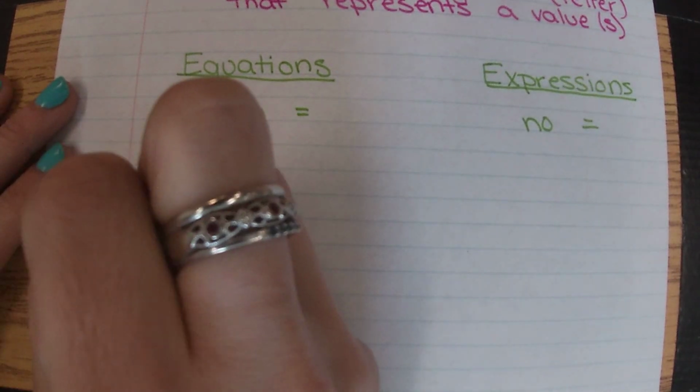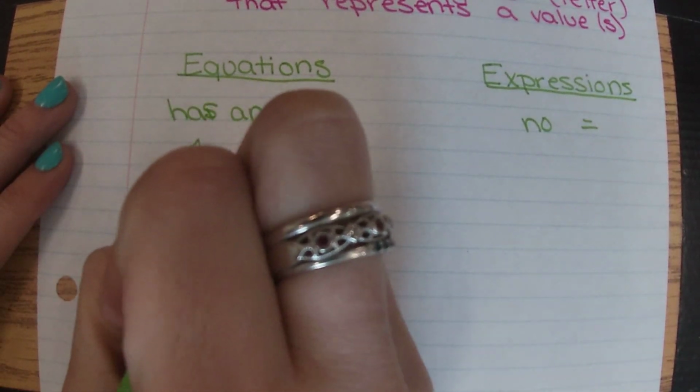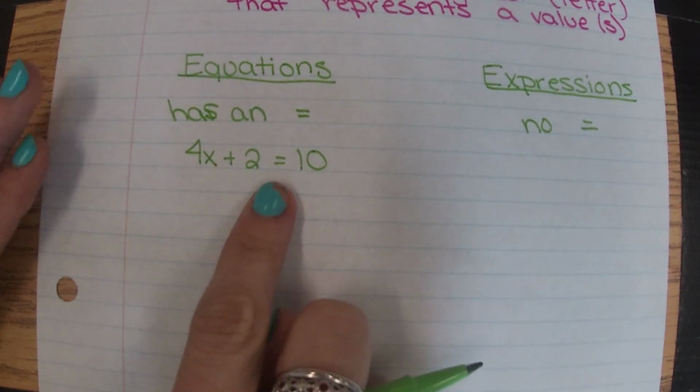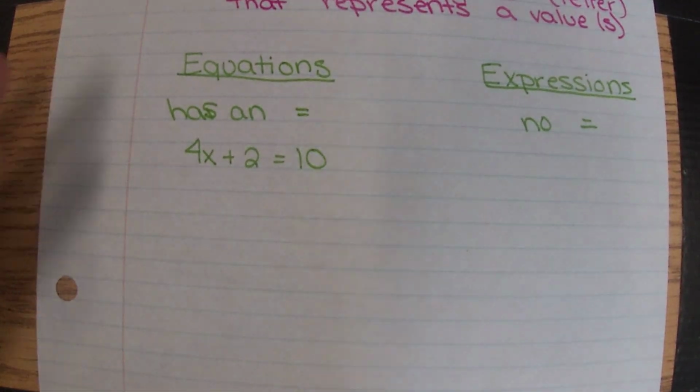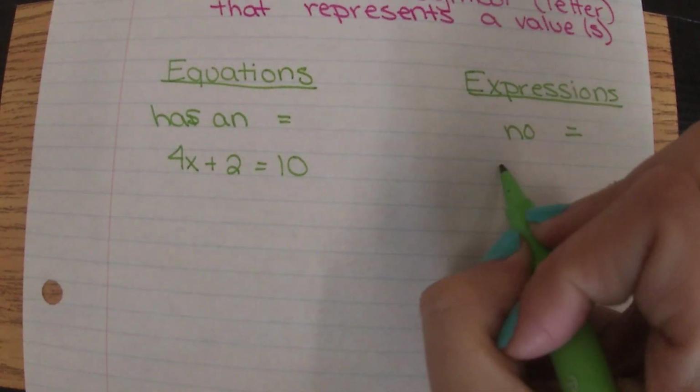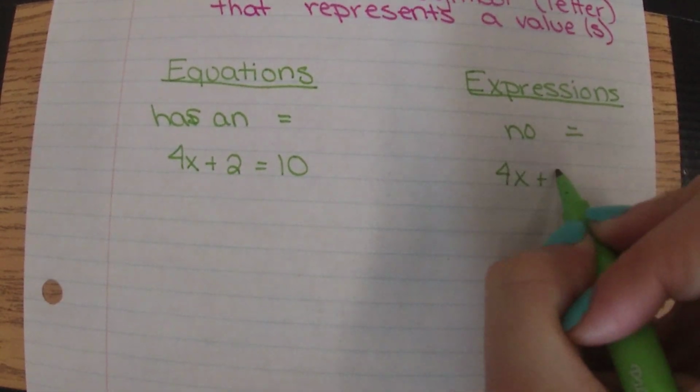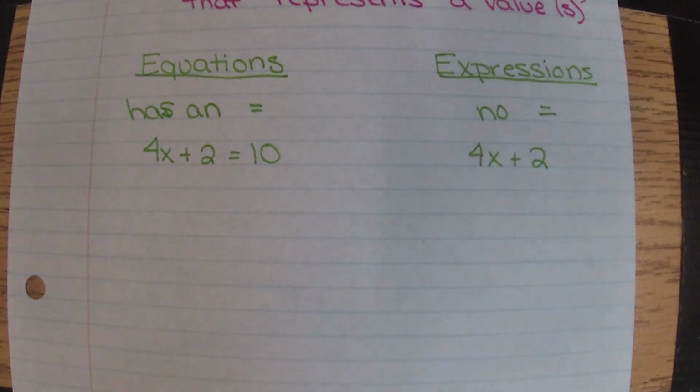So if we look at something like 4x plus 2 equals 10, because this has an equal sign, we say that it's an equation. Whereas if we just looked at something like 4x plus 2, we would say that's an expression because there's no equal sign.